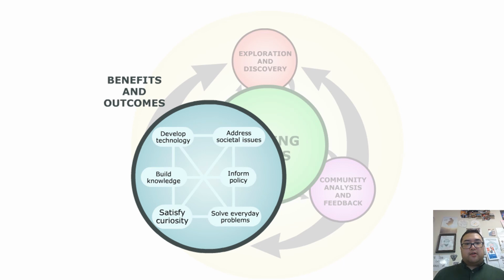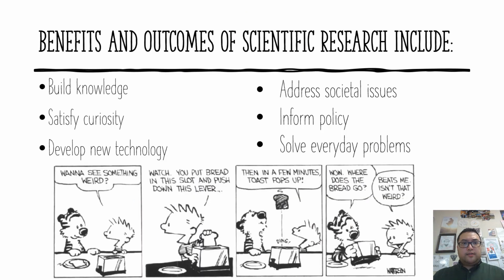The benefits and outcomes means that we can develop better technology in order to test new ideas, satisfy curiosity, build the knowledge that we have today, or solve everyday problems. So just as we have listed on the slide before, these are the benefits and outcomes of scientific research.